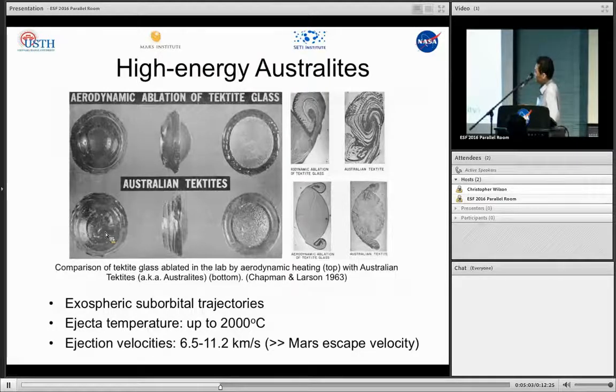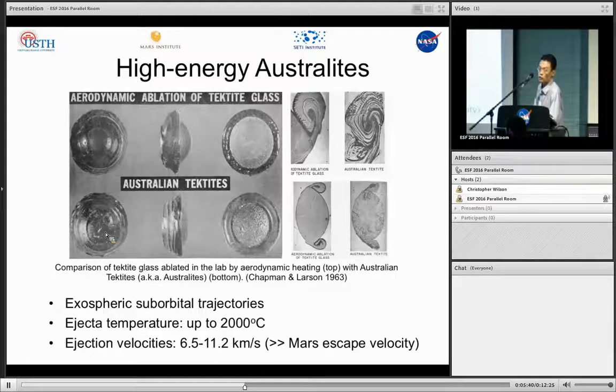The experiment demonstrated that the Australasian tektites have been melted two times, the second time by the entry back into the Earth's atmosphere. This demonstrates that the Australasian tektites have experienced an exothermic suborbital trajectory, with ejection temperatures up to 2000 degrees Celsius and ejection velocities from 6.5 to 11 kilometers per second.